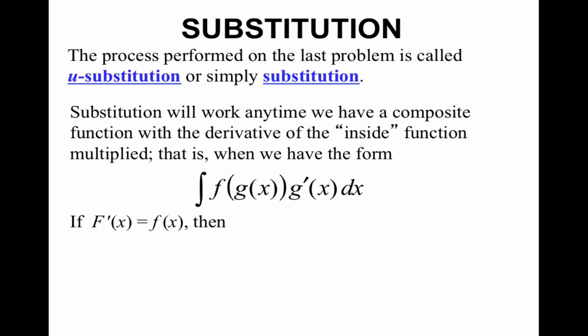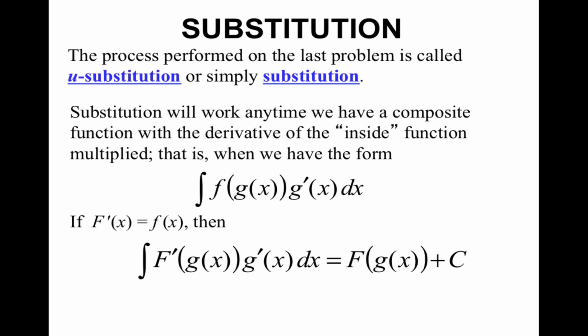If the derivative of big F equals little f, then we can say that the integral of the derivative of big F in terms of g times the derivative of g dx is equal to big F in terms of g plus c.